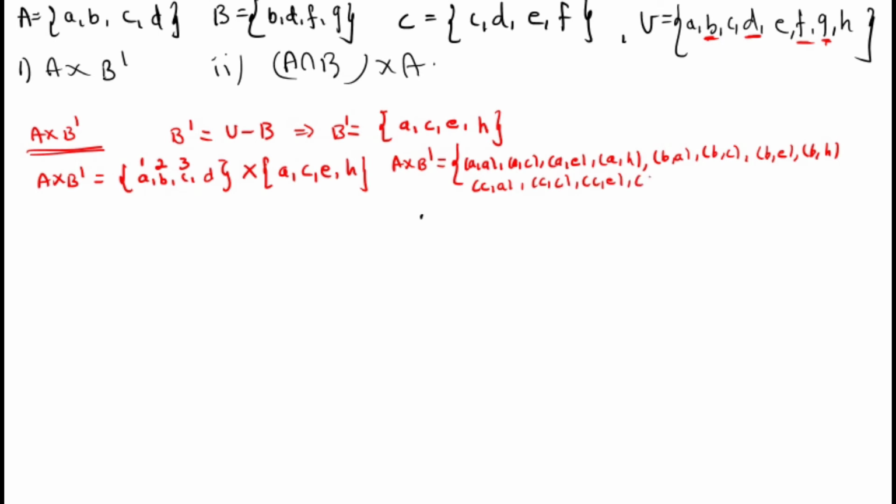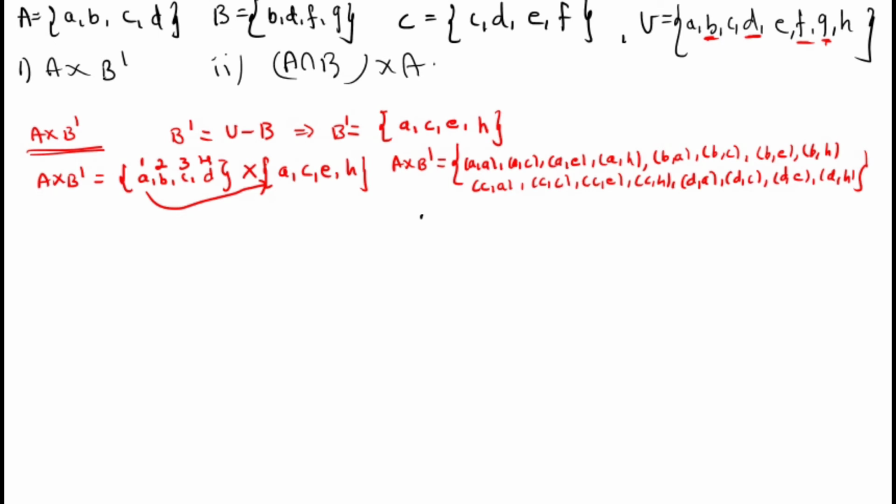Okay, next, in the first set the last element D is there, right? So start with the D. You will get (D, A), then (D, C), then (D, E), and (D, H). Okay, pairing elements from the first set to the second set, first starting with A to each element, then B to each element, C to each element, D to each element. That time we'll get A cross B dash.